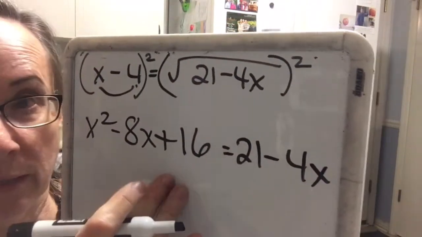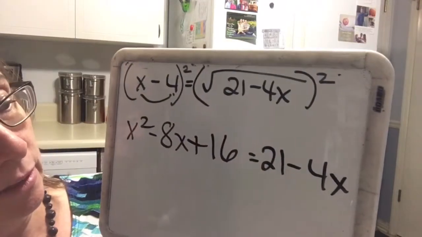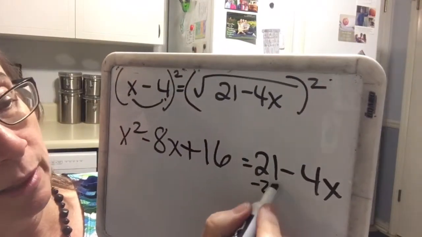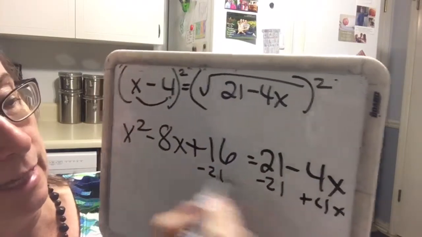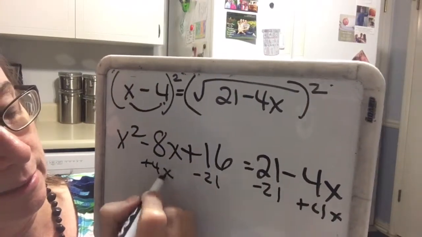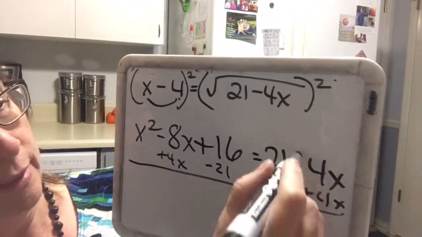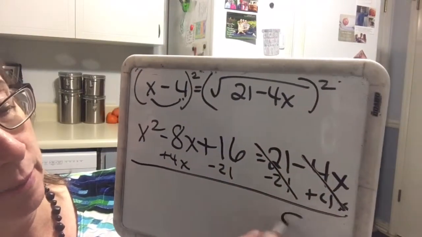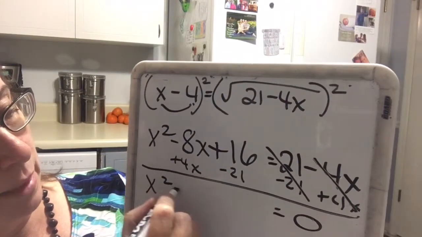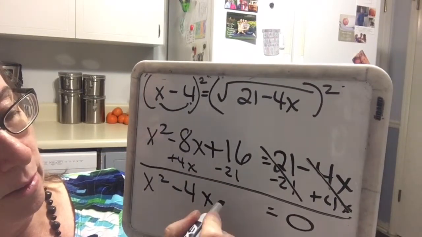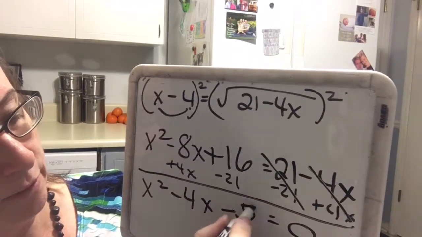So don't we want to get everything on one side and a 0 on the other? So we're going to subtract 21 and subtract 21. We're going to add 4x and add 4x. So now this is gone, and I get my 0 on the right. On the left, I get x squared minus 4x minus 5.